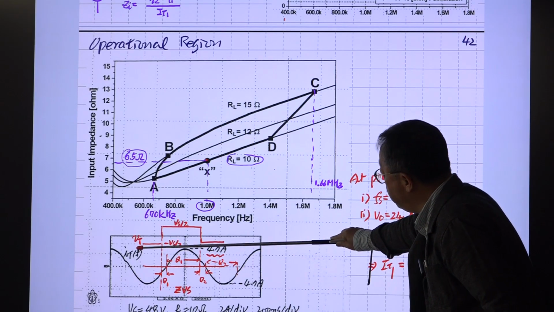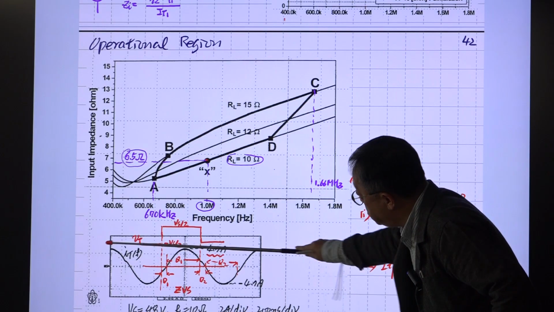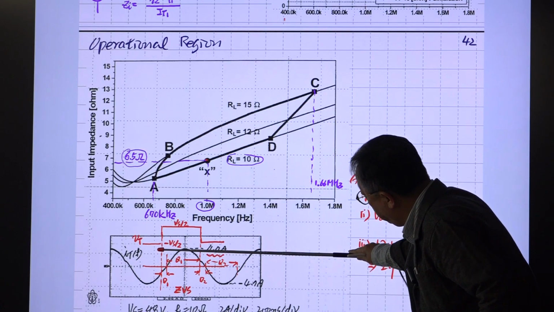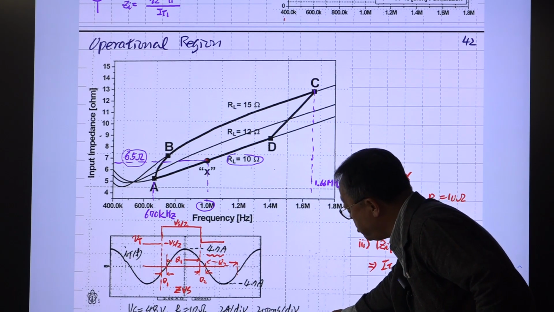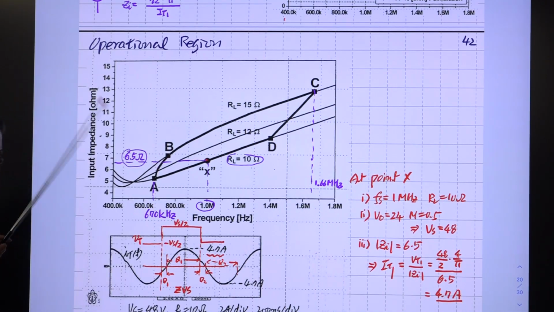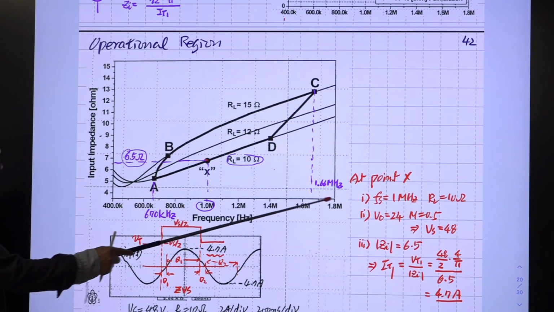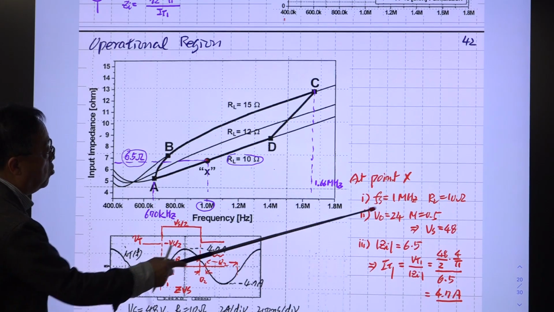And this peak value is recorded. I read this scale about the 4.7 of the operational condition of this. All right. So maybe it is interesting to compare this value with the prediction from the tank impedance. So at this frequency, the switching frequency was 1 megahertz, and the RL is 10 ohm.